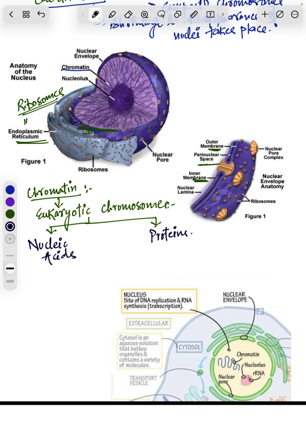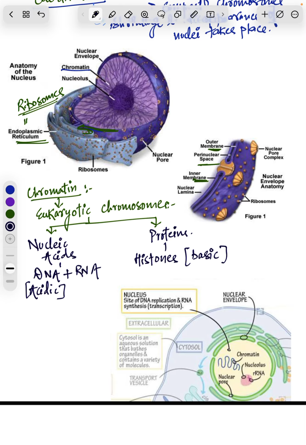Nucleic acids mean it contains DNA and a small amount of RNA. Proteins are in the form of histones, which are basic in nature, and we all know DNA is a little bit acidic in nature.